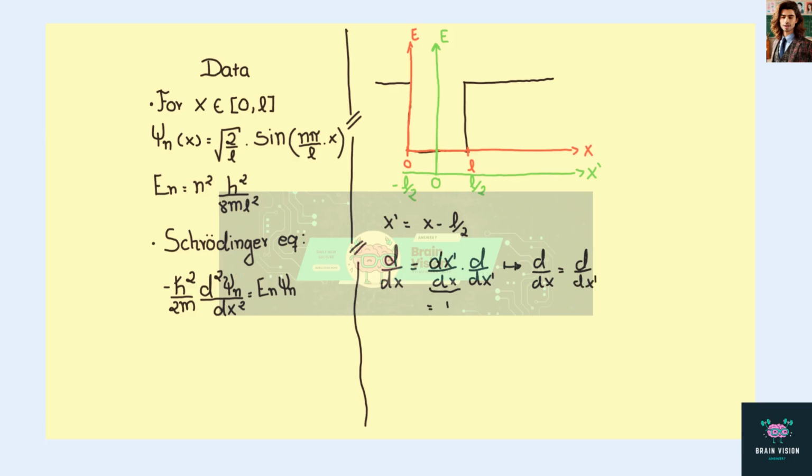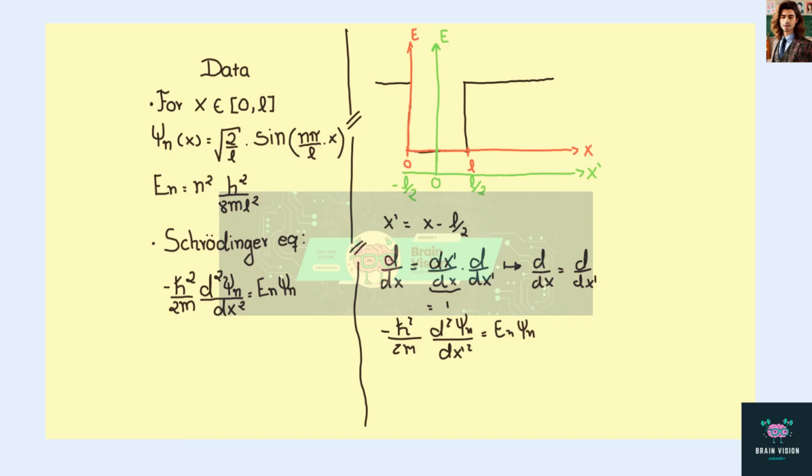So Schrödinger's equation, when written in the green reference frame, has the following form: minus h bar squared divided by 2m times d squared psi n divided by dx prime squared, equal to En psi n. So it has the same form. It doesn't change at all. It means that the solutions also won't change. The only thing that changes in this setup are the boundary conditions, not the solutions themselves.